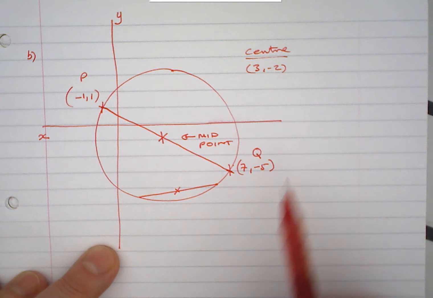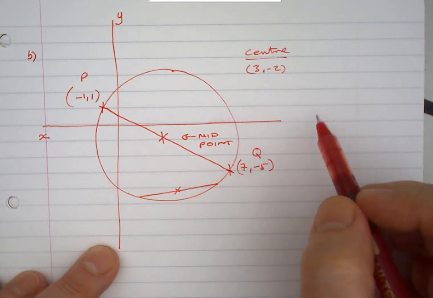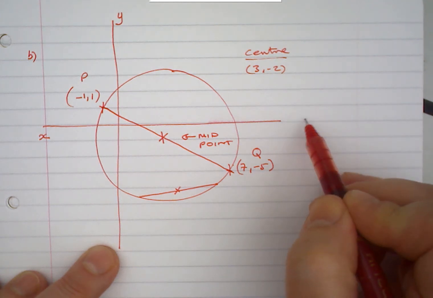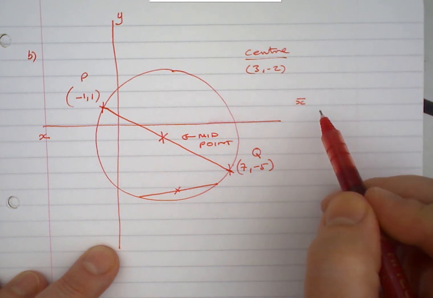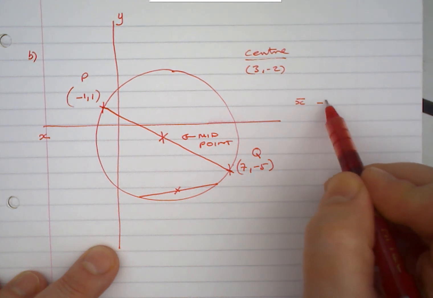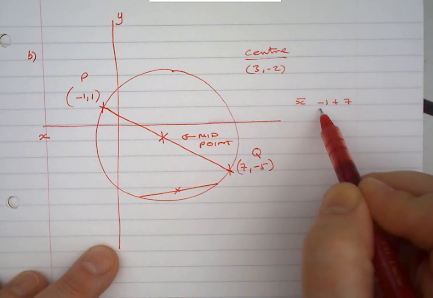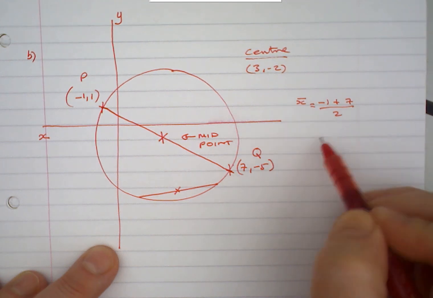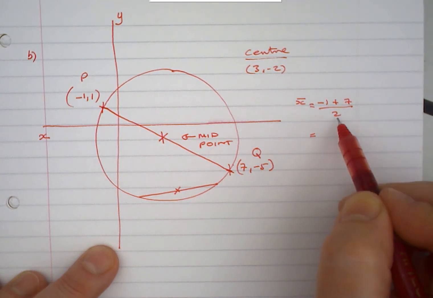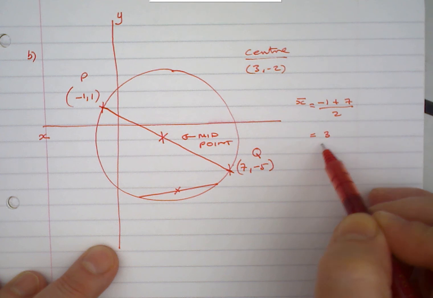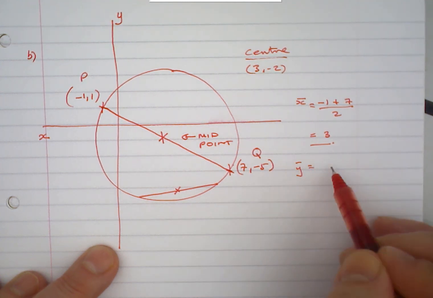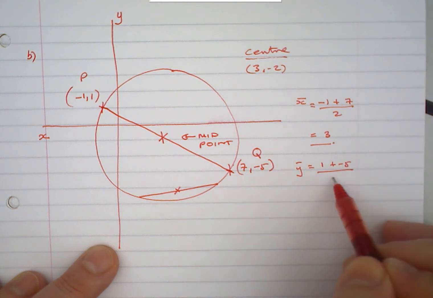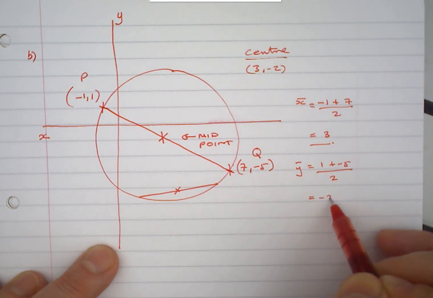But because this is a proof, I think I need to show a formal equation. So I'm going to show that the midpoint x is the average of the x coordinates, and that does give you 6 over 2, which gives you 3. And if I do the midpoint of y, then I've got 1 plus minus 5 over 2, and that does give me -2.